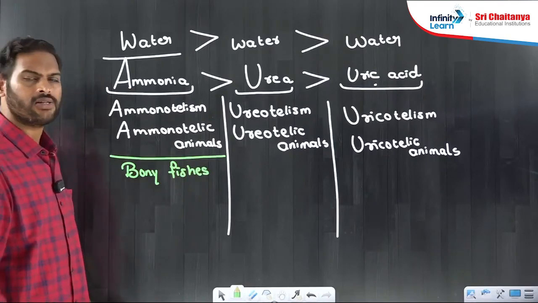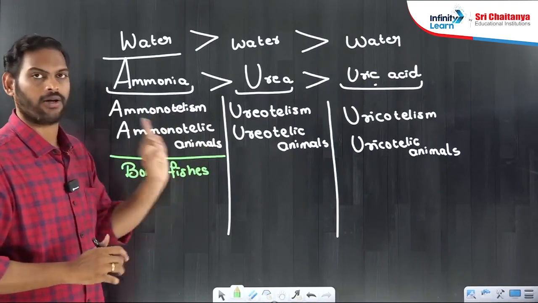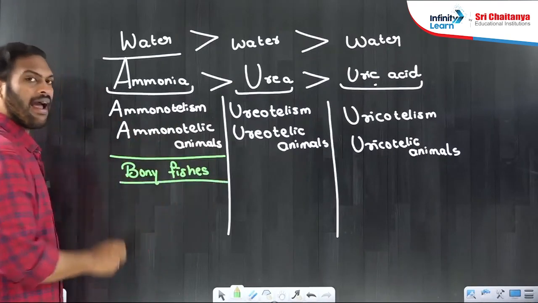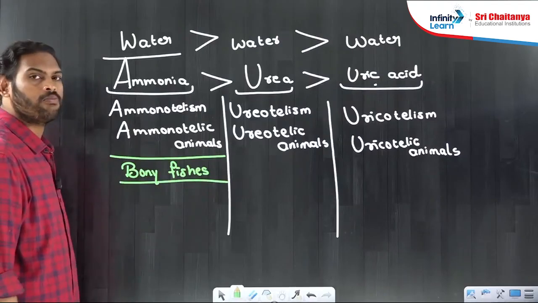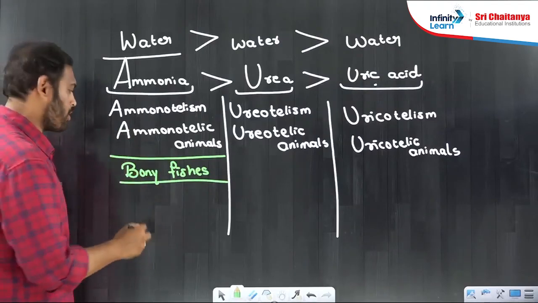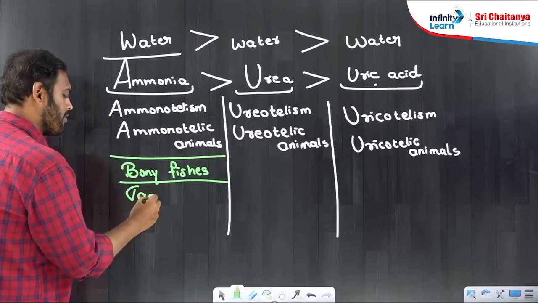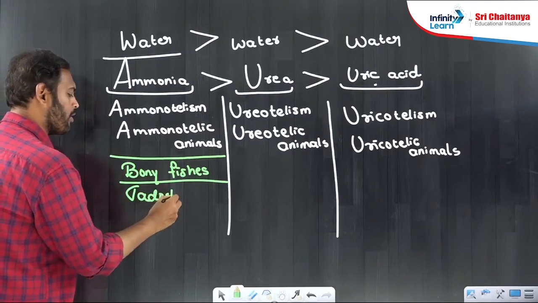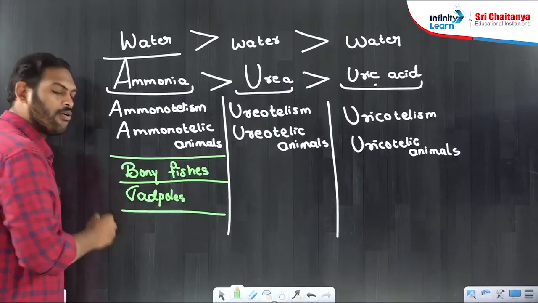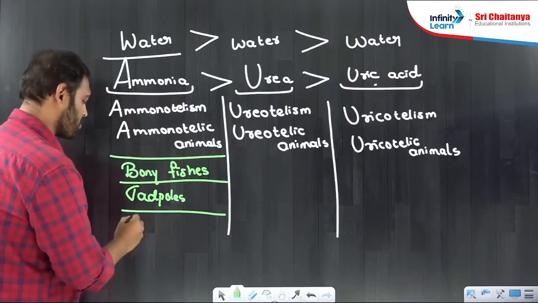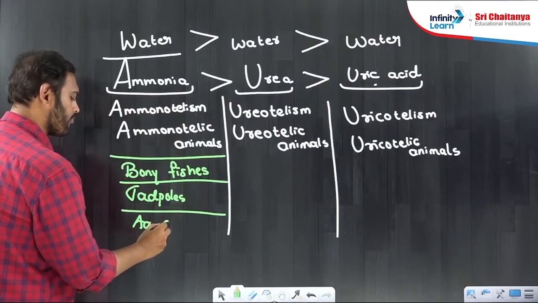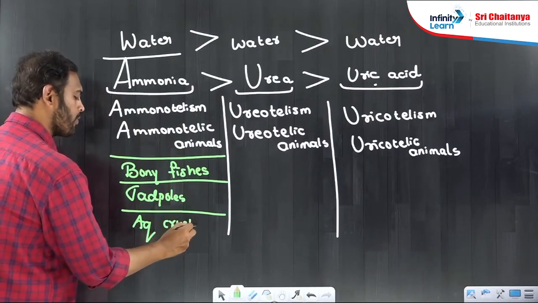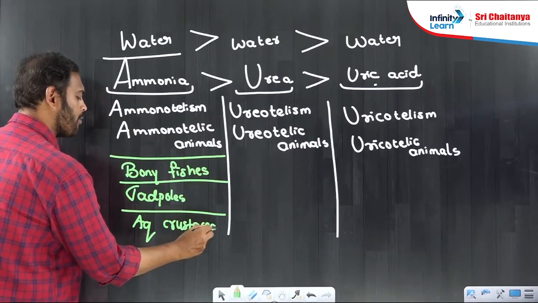If they are bony fishes, they will excrete ammonia, including aquatic amphibians, possibly when they are in tadpole condition. When tadpoles, they excrete ammonia, including aquatic crustaceans, aquatic arthropods, they also excrete ammonia.